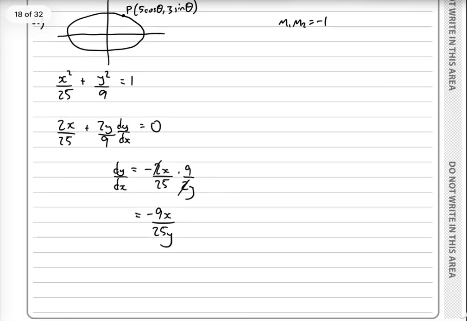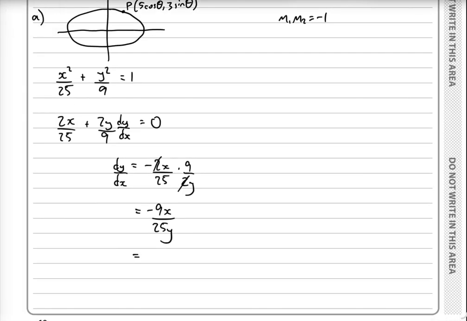And then at the top of the screen there, we've got the x and the y for point P. So that's minus 9 times x, 45 cos theta. And 25 times 3 sine theta, 75 sine theta. And that is the gradient of the tangent.